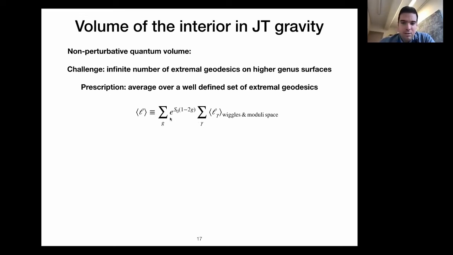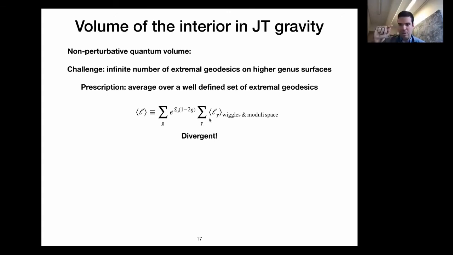Okay, so this is what we do. There's a sum over surfaces of various genus, and in the given sector, you do a kind of path integral for the volume, and you sum over all the geodesics going between 2 points. Okay, there's one problem with this. This is clearly infinite. In these surfaces, there's an infinite number of geodesics.